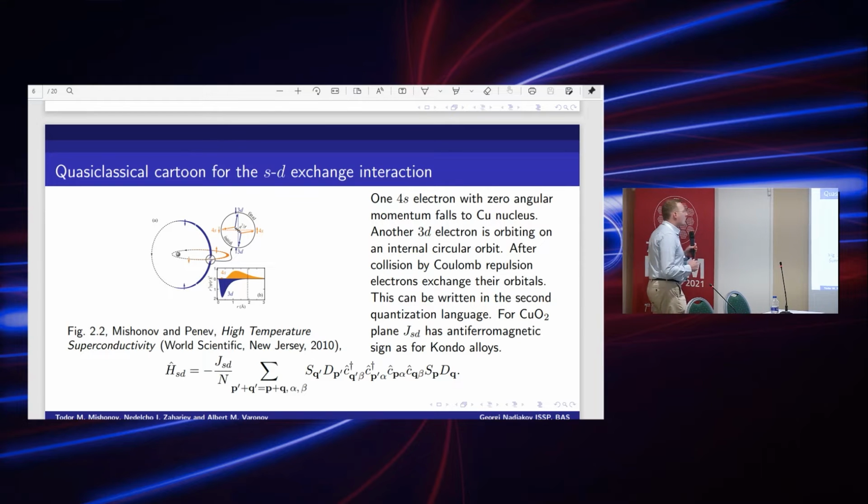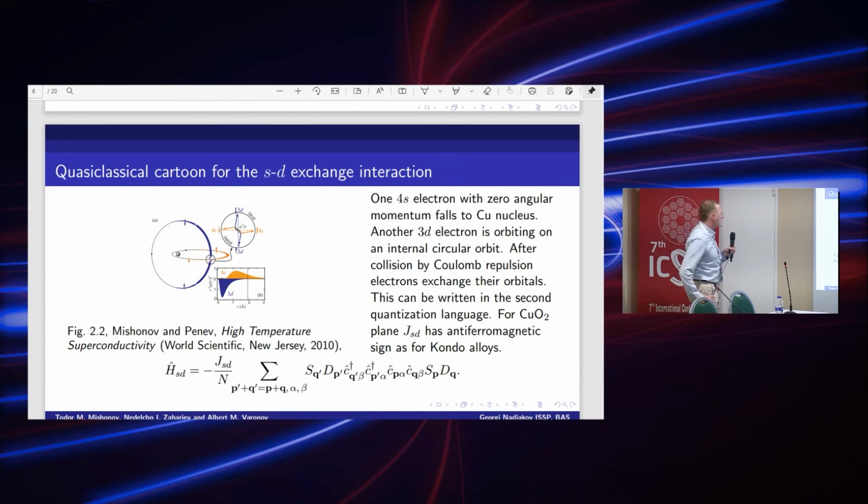Well, now I would talk a little bit about the scenario. The scenario is that a 4s electron with zero angular momentum, like a kamikaze, falls to the nucleus and exchanges its place with the 3d electron, which is orbiting the nucleus.